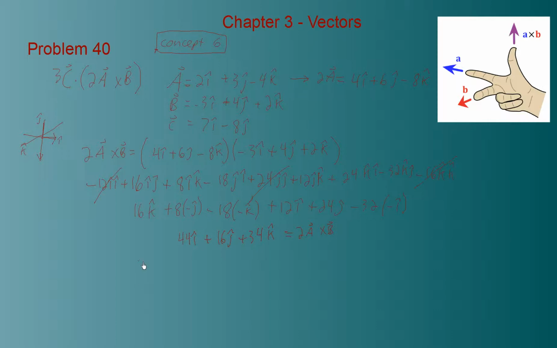So let's do that. So 3c dot 2a cross b is going to equal c is 7i minus 8j, and 2a cross b is this now, simplified, 44i plus 16j plus 34k.